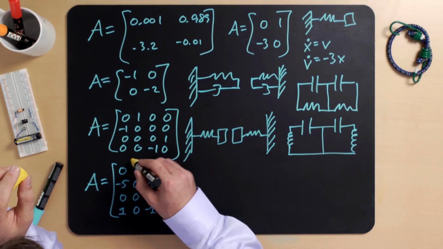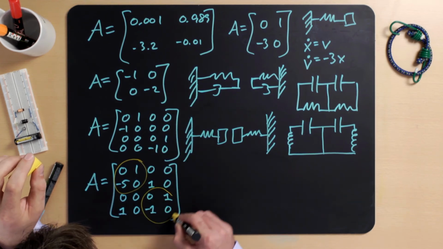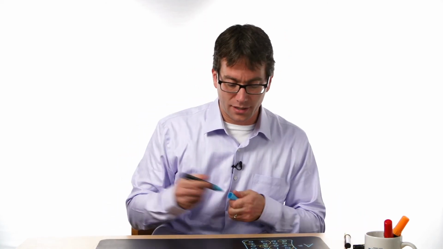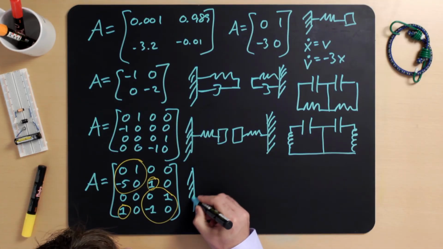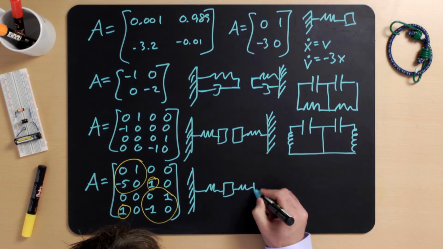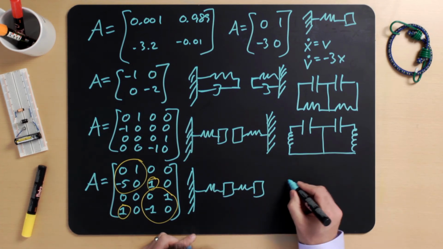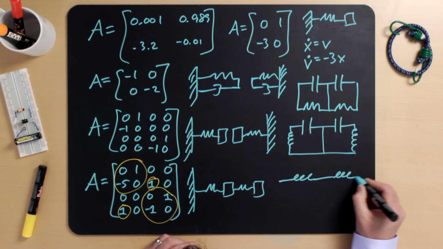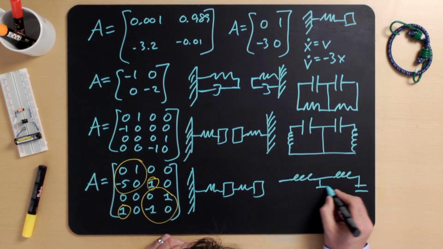So here is one mass, and here is another mass, but it also has terms that are here and here. This means that the masses in the mechanical system must be coupled with each other, like a spring mass system and a capacitor-inductor circuit that looks like this. So we have a wall, a spring connected to a mass, and then another spring connected to a mass. And that's the same thing as having an inductor and another inductor that are connected with capacitors.